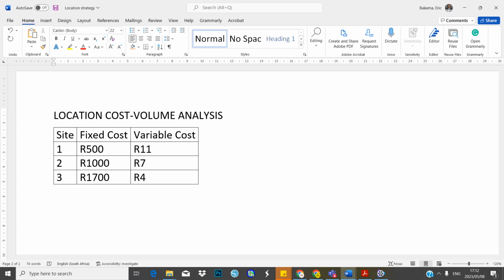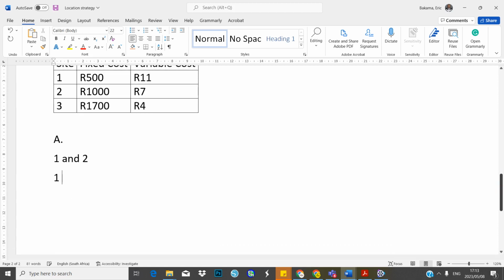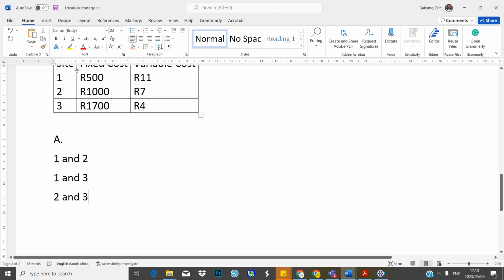Because we got 3 locations here, the best method is to work between site 1 and 2, site 1 and 3, and 2 and 3. Because 1 and 2 is the same as 2 and 1, 1 and 3 is the same as 3 and 1, and 2 and 3 is the same as 3 and 2.